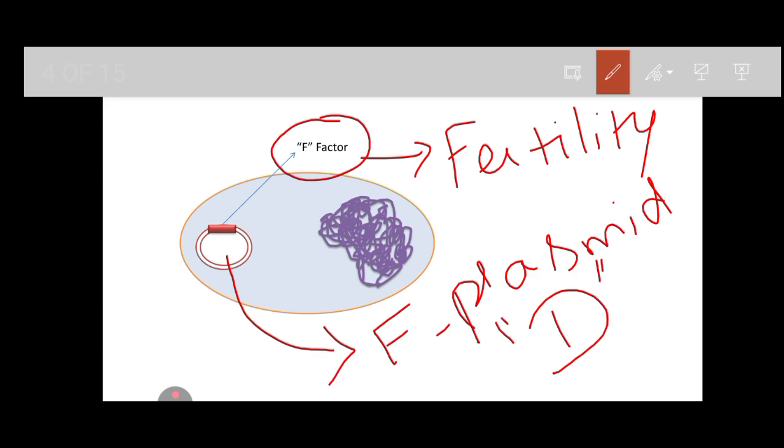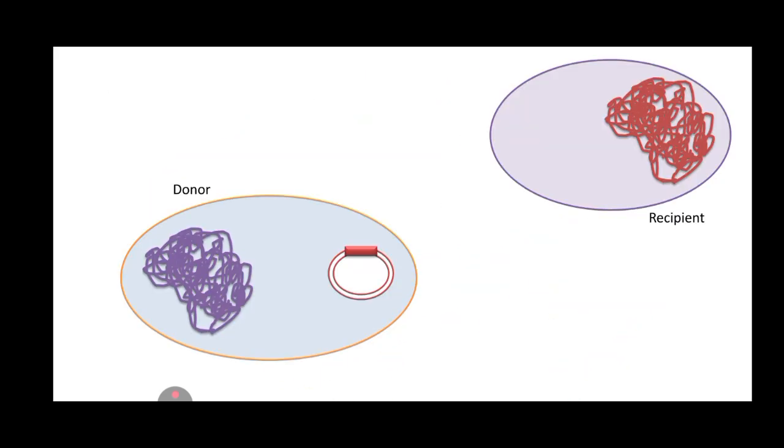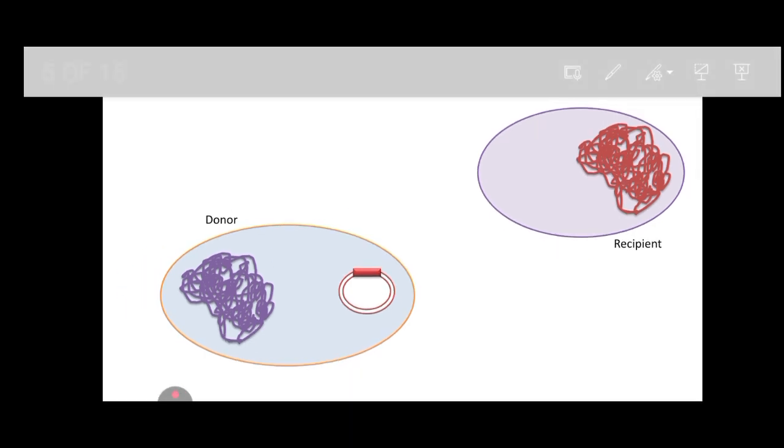The F plasmid enables the organism to form the conjugation tube, and as I told you, these organisms are connected together by the conjugation canal called pili. Here I have given two images, two cells.